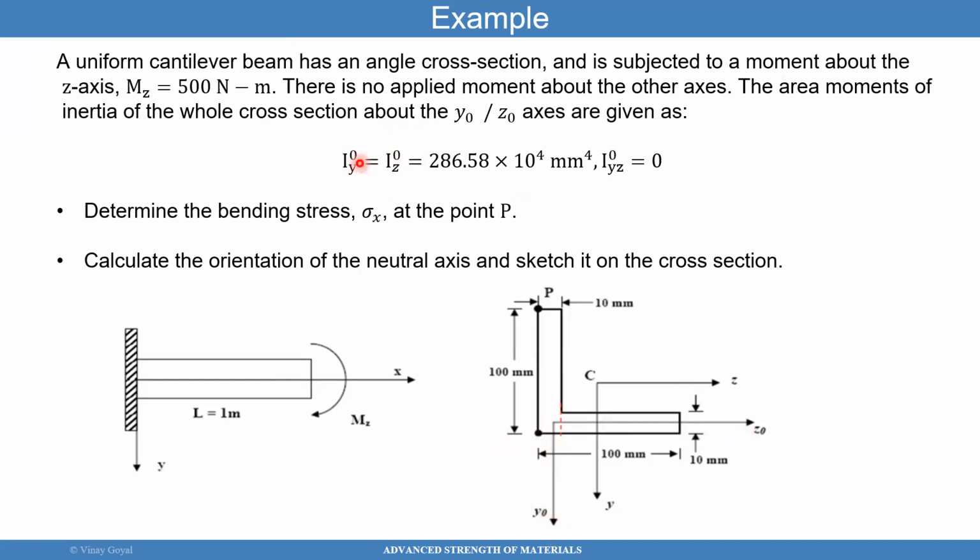So these moments of inertia are known, and the product moment of inertia is given as 0 for this coordinate system. And so the question being asked is to determine the bending stress sigma xx at point P. And they also want us to calculate the orientation of the neutral axis and sketch it on this cross section.